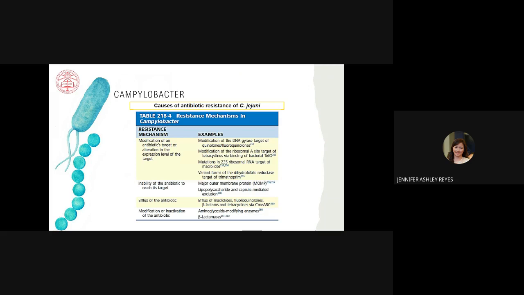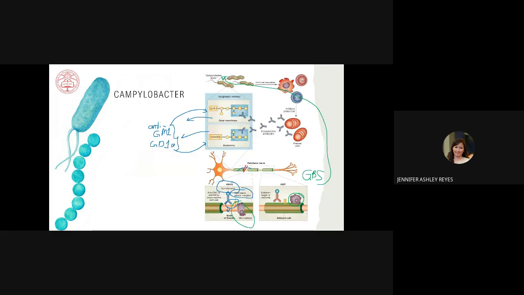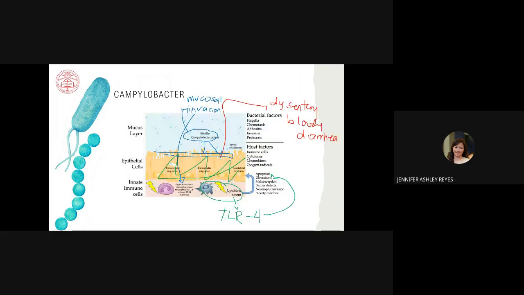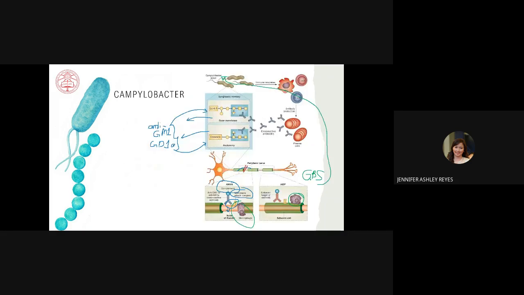So ano yung mga mechanisms of development of immunologic sequela of your Campylobacter infection? So pwedeng molecular mimicry, yung sinabi natin kanina that the cross-reactive antibodies will act and bind to some structures in the gangliosides.